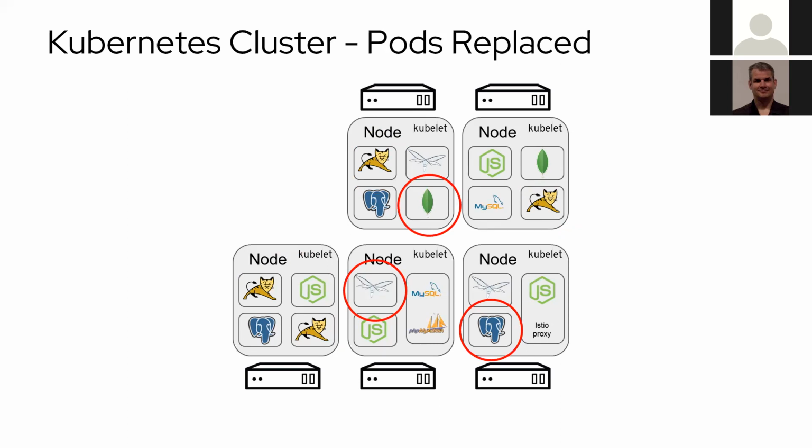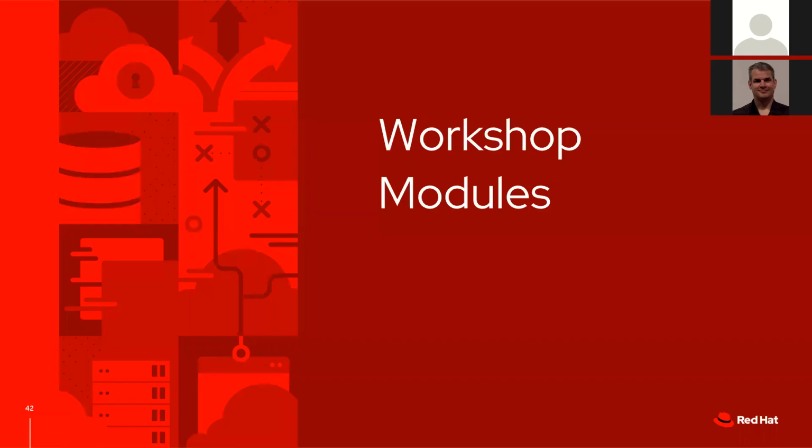And if they need to replace the node, they can quickly do that, or they can bring the node back up without it affecting the user experience, without affecting those services. So a very powerful thing that we have within Kubernetes to control our applications.